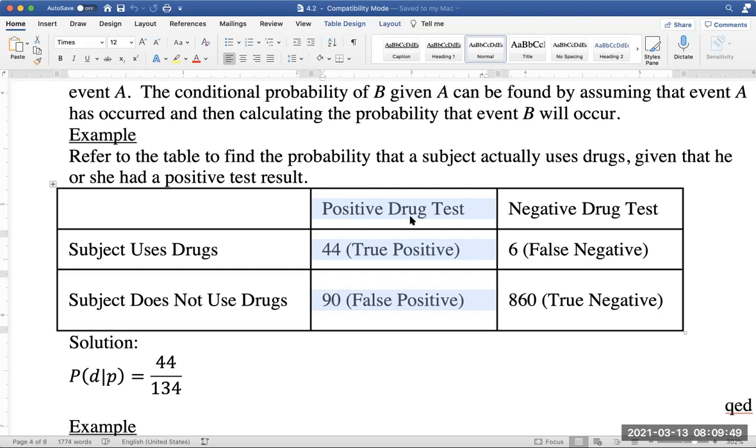So I only look at those who have tested positive for the drug test. 90 plus 44 is 134. Of those 134, 44 of them actually use drugs. And so the probability that you use drugs, given that you tested positive, is 44 out of 134.